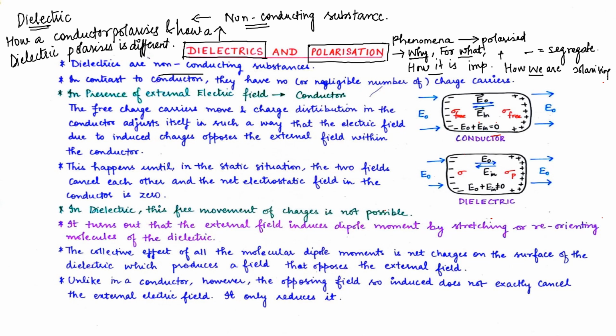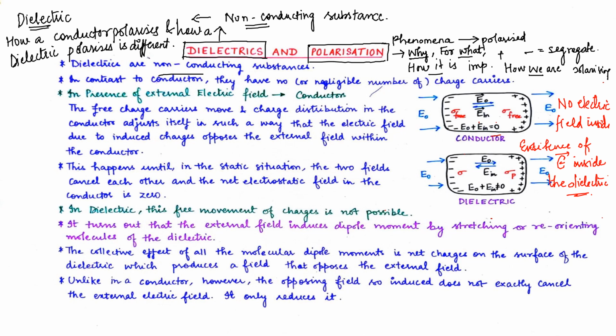But the same capacitor cannot be kept with a conductor, because there is no electric field inside a conductor, but there is existence of electric field inside the dielectric. Okay, so this is one of the main differences.